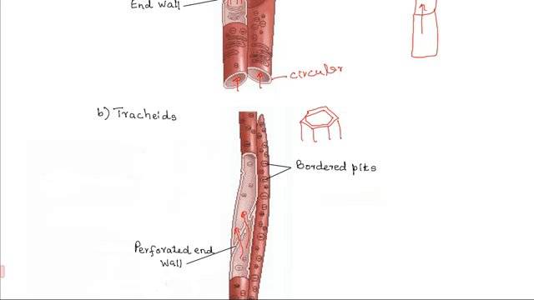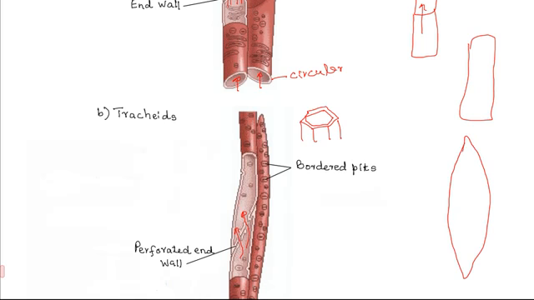Now, the vessels also are cylindrical in shape, while the tracheid elements are tapering towards the end.